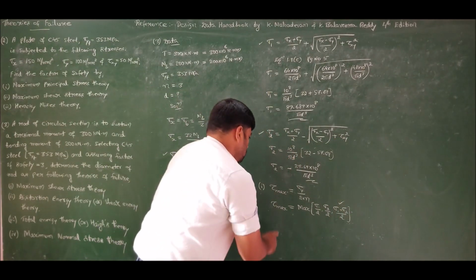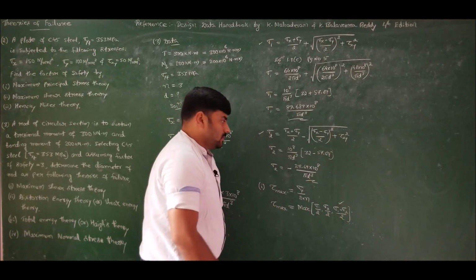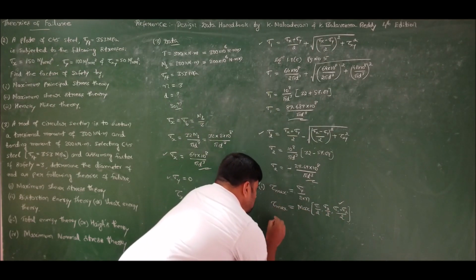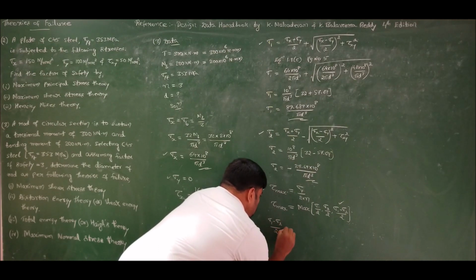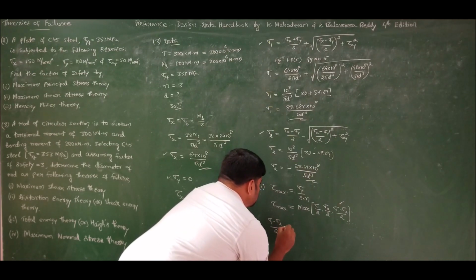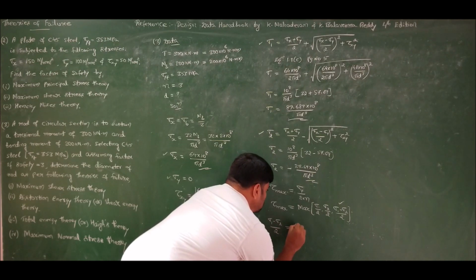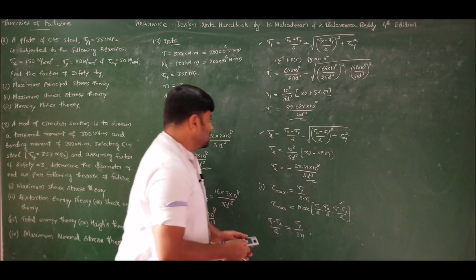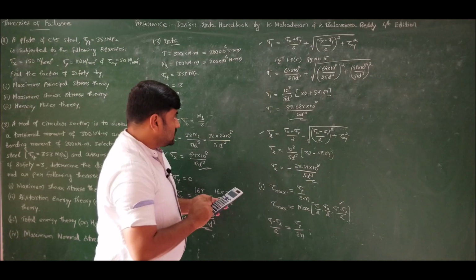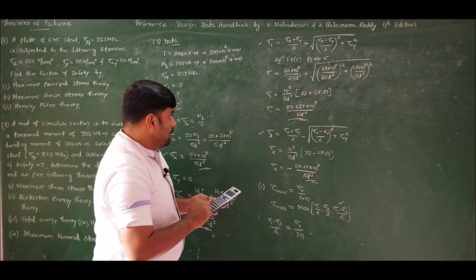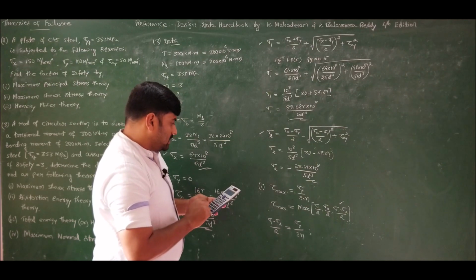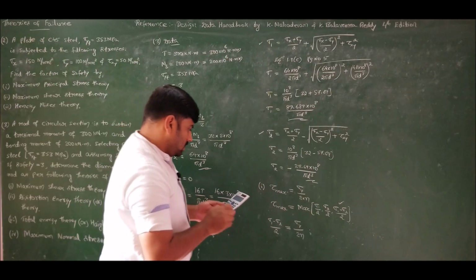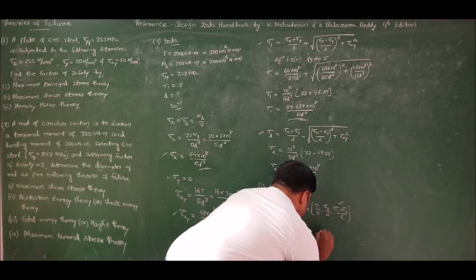So tau max will be sigma 1 minus sigma 2 by 2. Hence the equation will reduce to sigma 1 minus sigma 2 by 2 should be equal to sigma yield by 2 times factor of safety. So if I substitute and solve, I'll get the answer as 89.69 plus 25.69, which is nothing but 115.379.